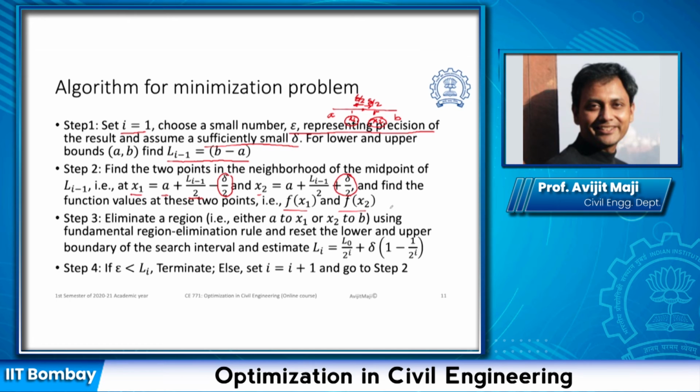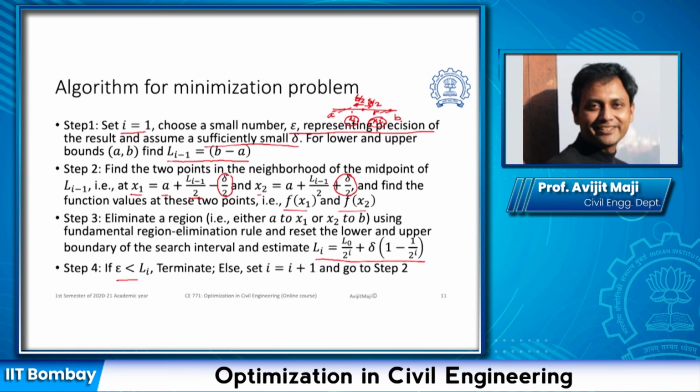Then we use the region elimination rule to eliminate either this part or this part. Whichever part we eliminate, we retain the other part and apply the same process again until we reach the intended level of precision. For that reason we estimate the remaining portion using the formula which I had shown you in the previous slide, and then we compare this remaining region with the precision.